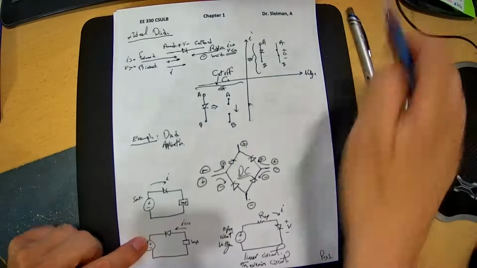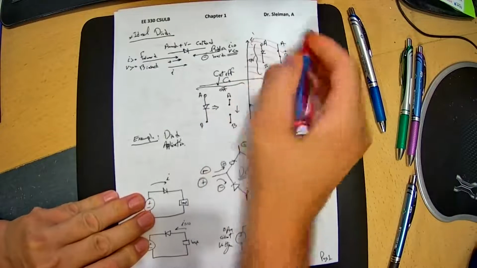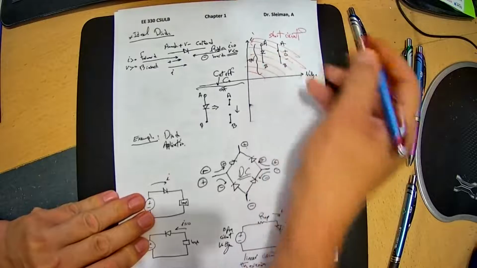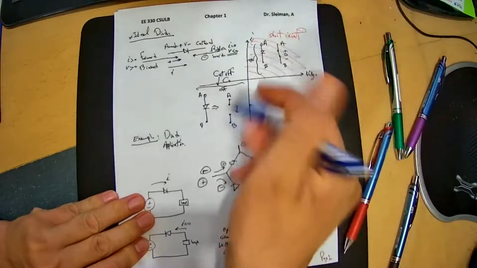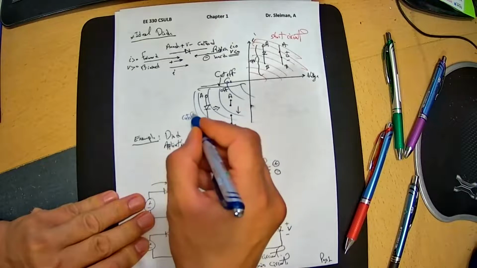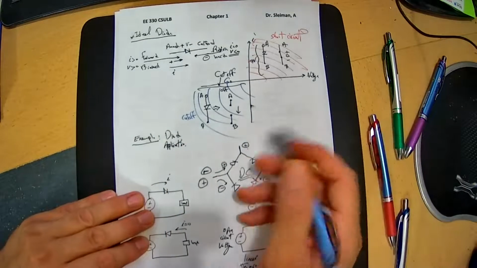So this side here is the short circuit side, and this side here is the cutoff, where the diode is off, which is an open circuit.